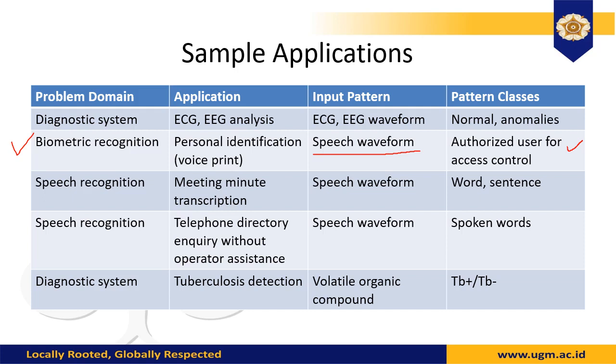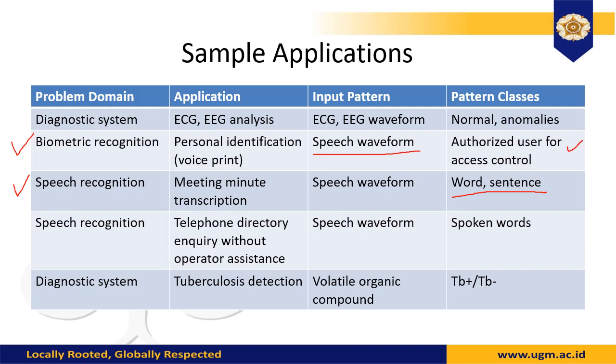Now, the next example, speech recognition, is trying to identify what word is spoken by a person. It could be a word, a sentence, a spelling of a number, and so on.